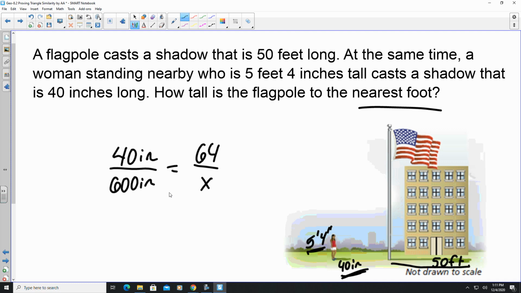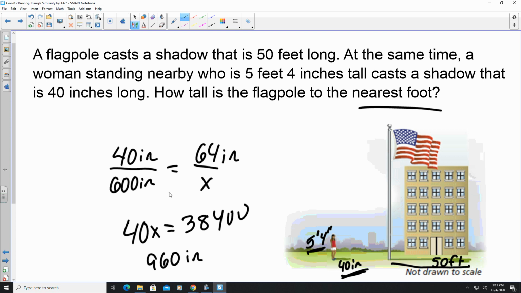So I'm going to do the cross products here, and I get 40x is equal to 64 times 600, which is 38,400. Divide that by 40, I get 960.